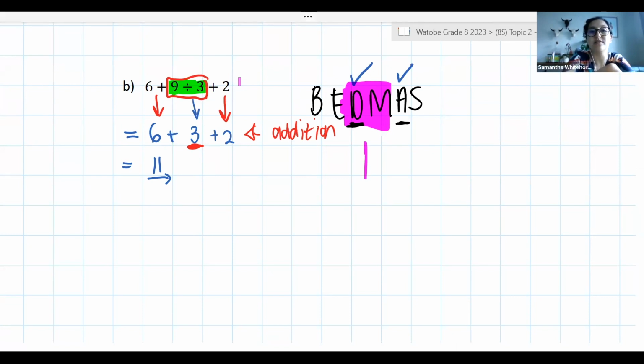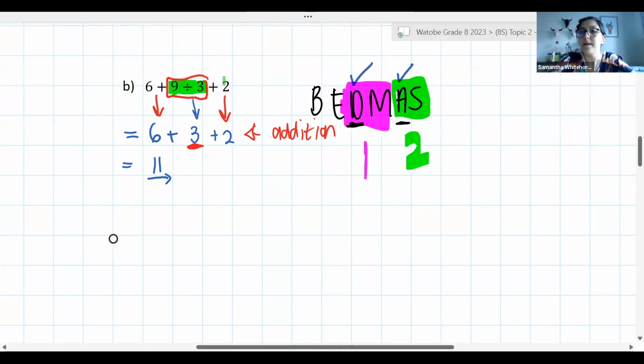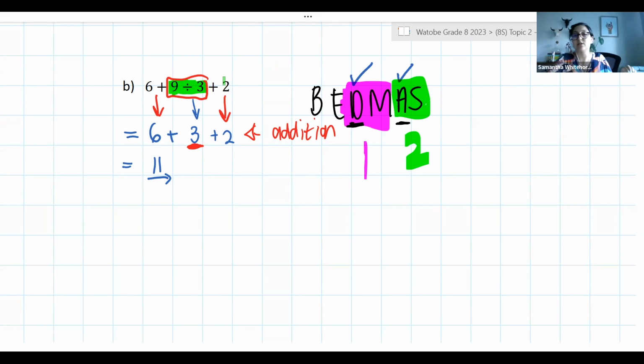Only after we have dealt with that do we go and do the addition and subtraction. Obviously, we need to check for brackets and so on, but in terms of division and multiplication and then addition and subtraction, division and multiplication has to happen first. Only after that do we do addition and or subtraction.